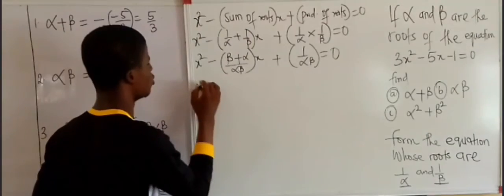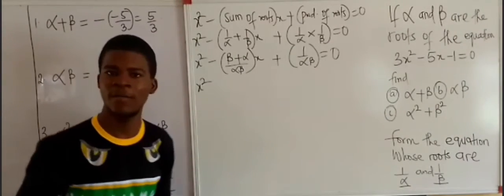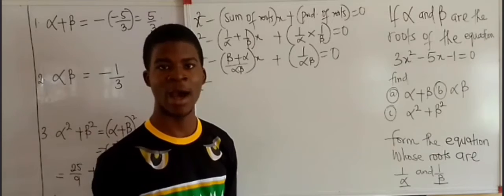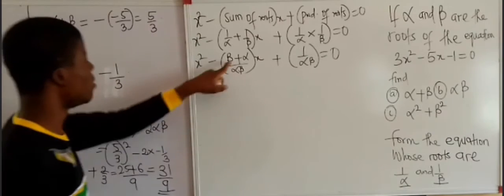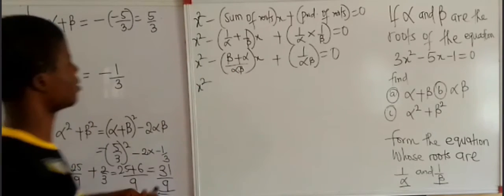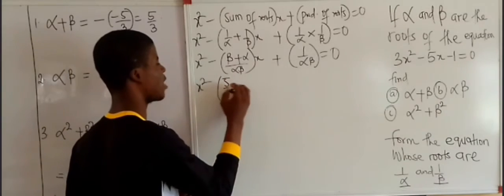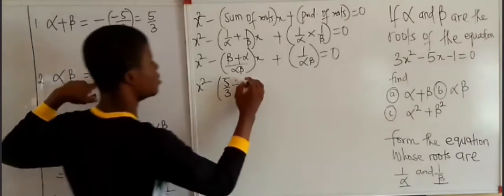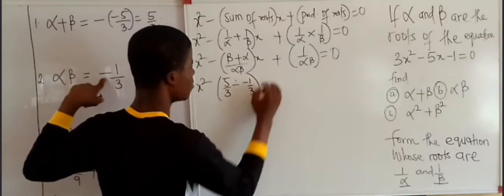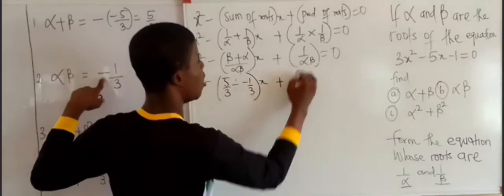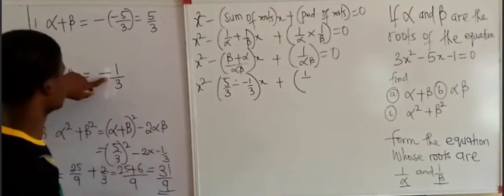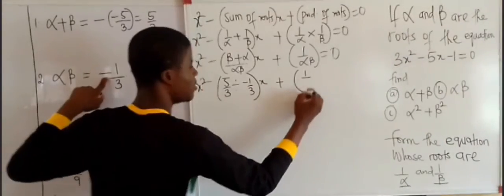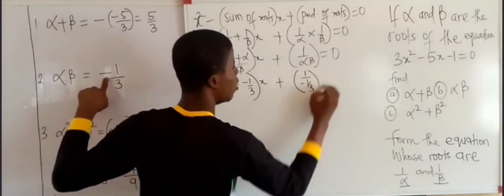So x squared minus beta plus alpha, which is the same thing as alpha plus beta. Addition is commutative. Therefore, beta plus alpha is 5 over 3. This is 5 over 3 divided by alpha beta, which is minus 1 over 3, times x plus 1 over alpha beta, which is 1 over minus 1 over 3, equal to 0.